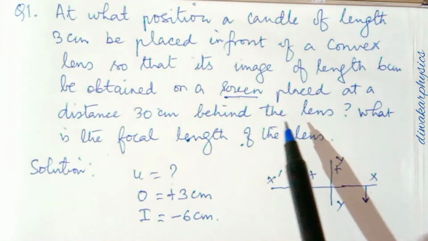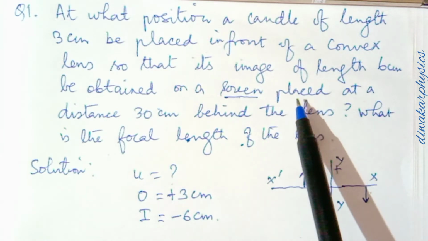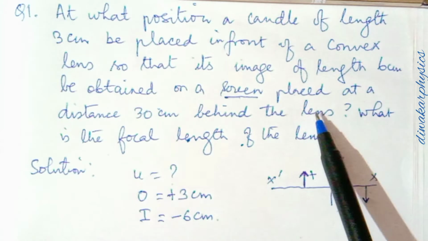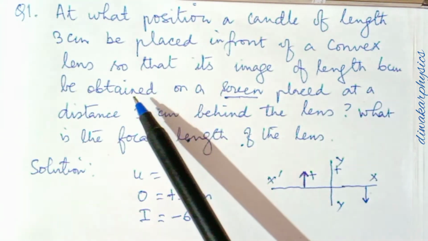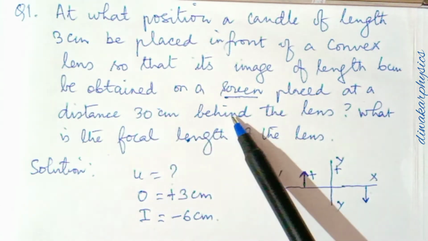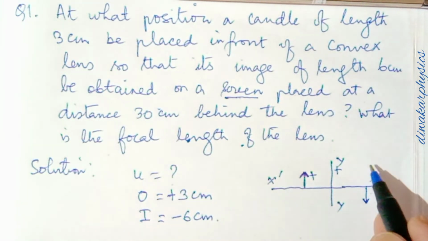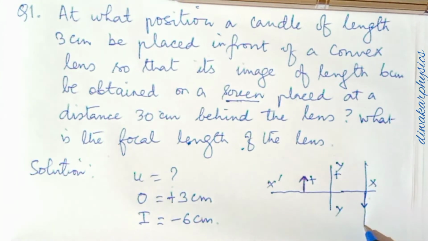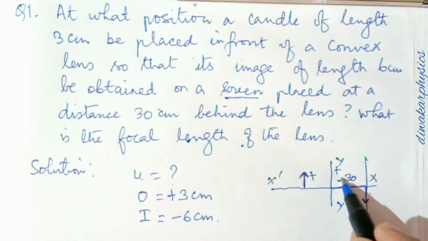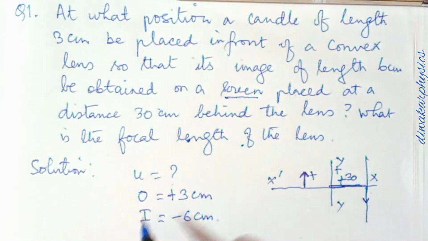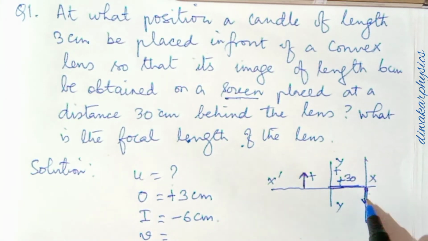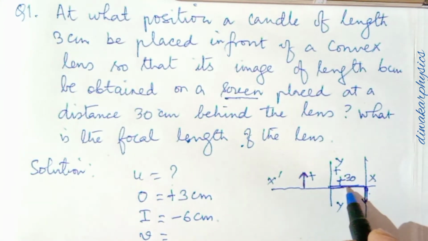And it is placed at a distance of 30 cm behind the lens. The image is obtained on the screen, placed 30 cm behind the lens. So this is the positive side of the x-axis. Take this as v, the image distance.